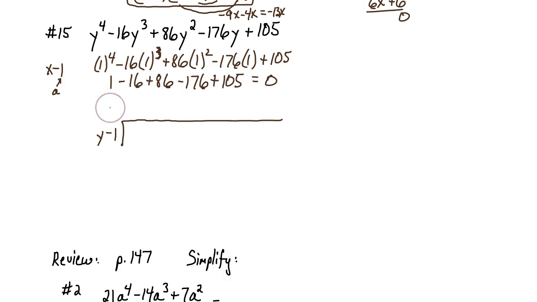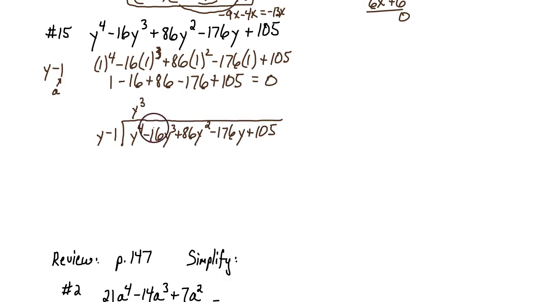This is actually y minus 1, and the thing that we were testing up here was y minus 1. I get so used to using x, but of course we don't always use x. So inside the bracket we have y to the 4th power minus 16y cubed plus 86y squared minus 176y plus 105. Let's do our long division.